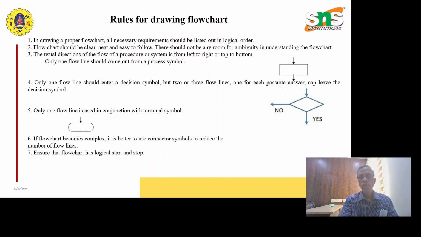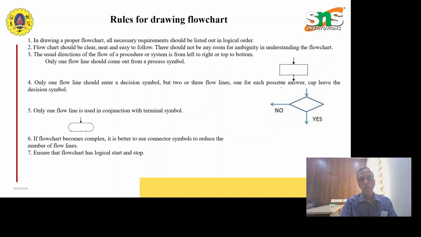If it has any confusions or does not have a clear-cut idea, then it may create a lot of confusion. So to create a flowchart, you have to be aware of the necessary requirements and list out the logical order of activities. Then only you should create your flowchart.